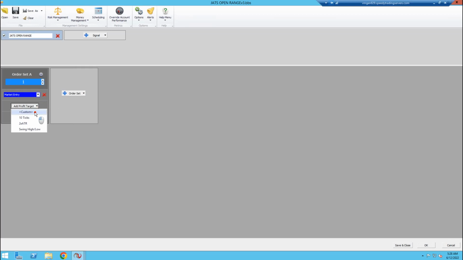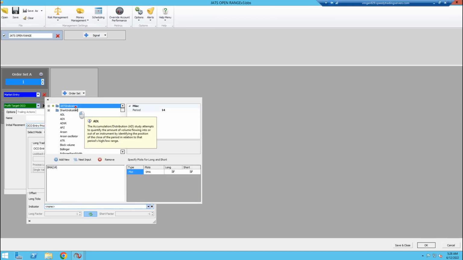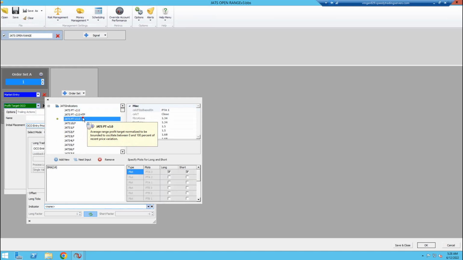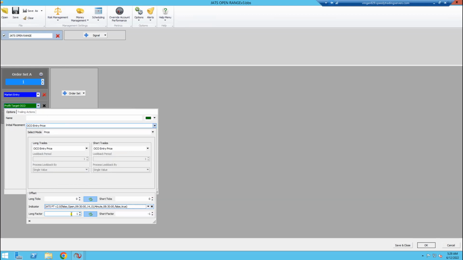And so for the profit target, we'll come in and put the PT2 indicator, set it to 8:30 to 9:30 on the open, and one time, or you can do 0.95 to be into your statistics levels, 1 or 1.02, whatever you would like.